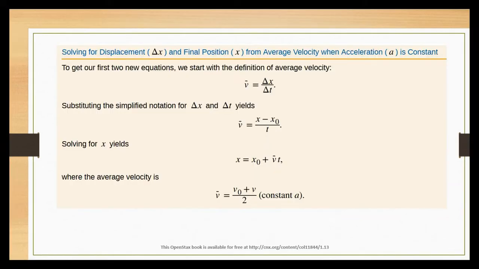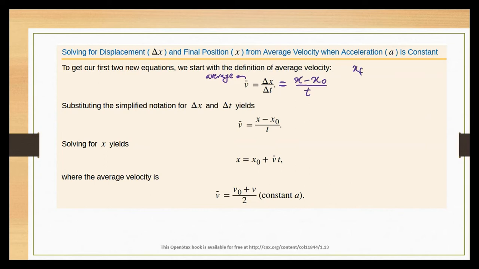So let's get started. We know average velocity is delta x over delta t. This bar means average. Delta x is final position minus initial position over delta t. We said we just write t, and I didn't write x sub f. I just wrote x.